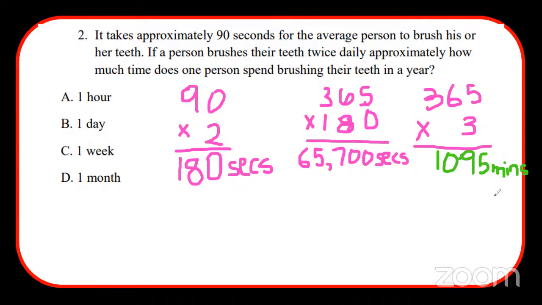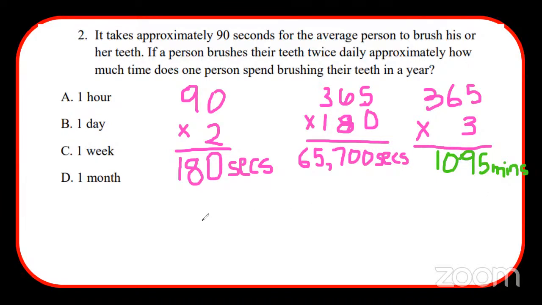So now we have 1,095 minutes. Are we able to get another unit of time from this? Can we get hours from this? Because seconds, then minutes, then hours. And if so, what will we need to do, and how many hours will we get from 1,095 minutes?